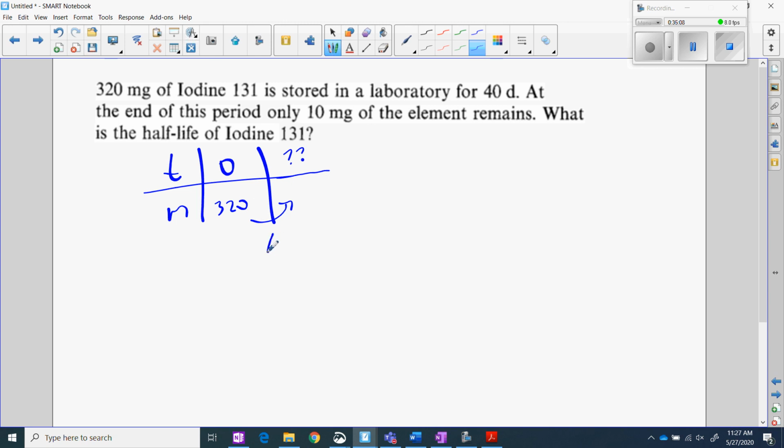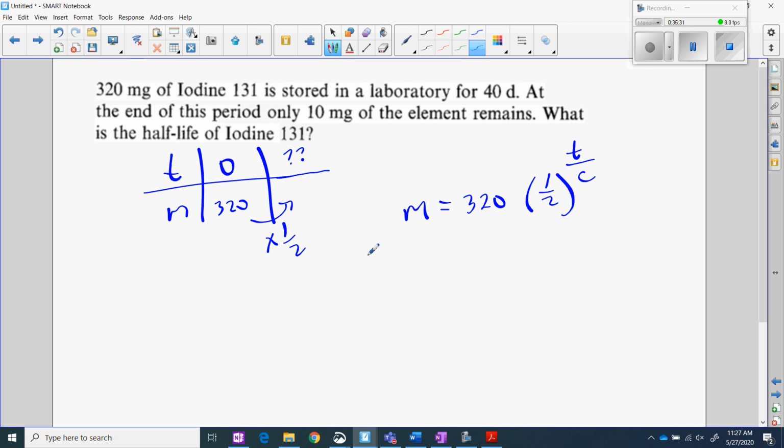I know that I'm going to multiply by a half because I'm talking about half-life here. When I go to build the function, the mass is equal to the starting amount multiplied by 1/2 to the t over, I don't know what the scale is, remember we use C, that's our scale.